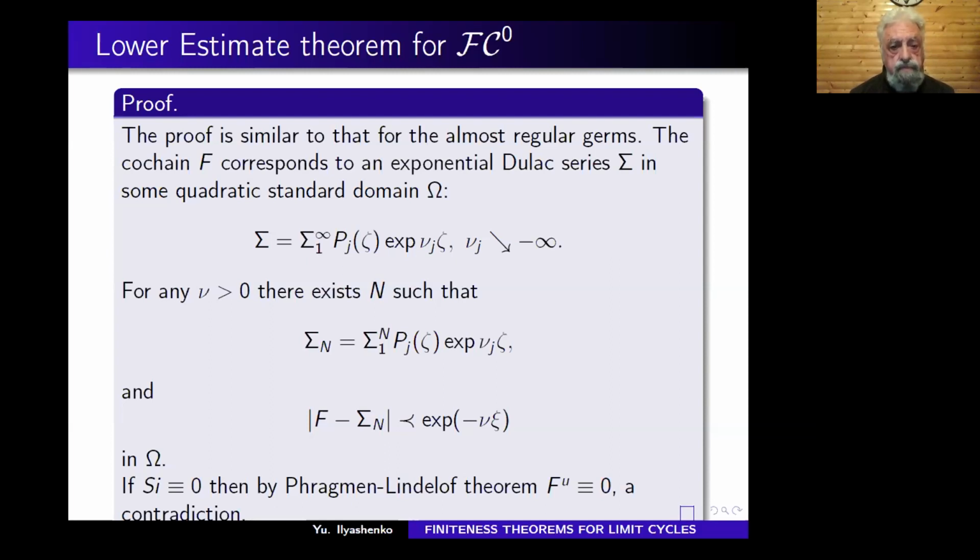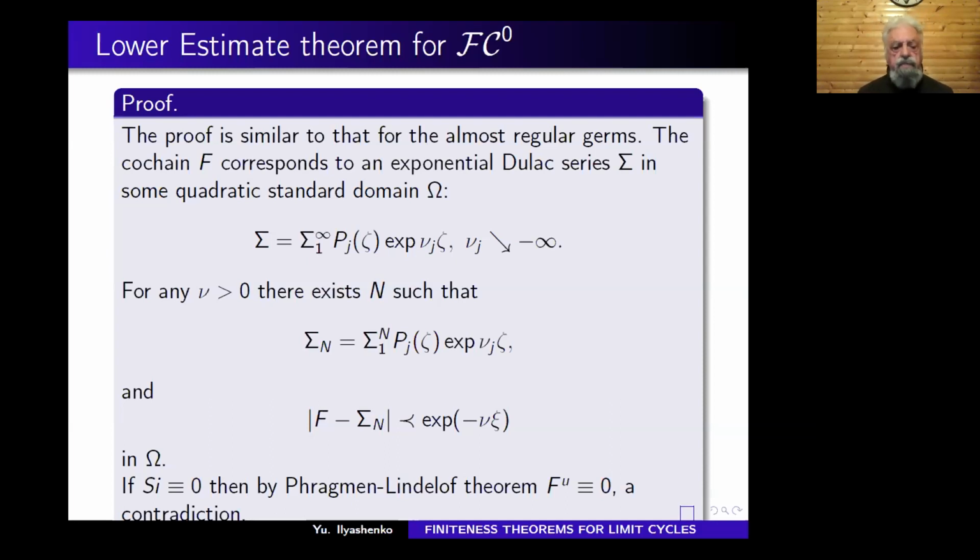The proof of the lower estimate is similar to that for almost regular germs. We take the exponential Dulac asymptotic series sigma for our cochain.